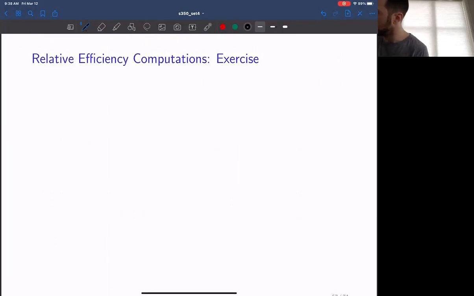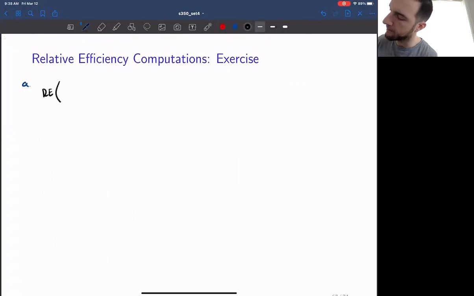Okay, so in part A, we have the relative efficiency of mu hat reg divided by mu tilde diff.